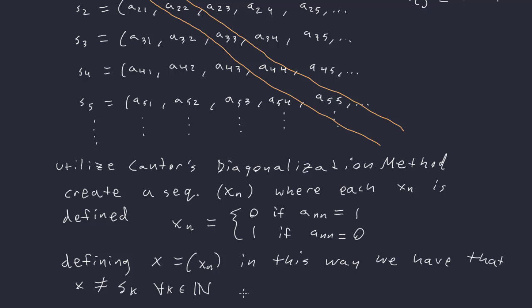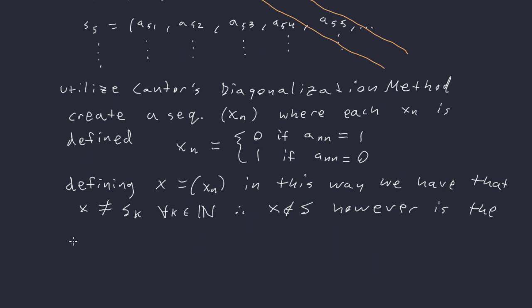Therefore, x is not in S. However, S is the set of all possible sequences made up of zeros and ones.